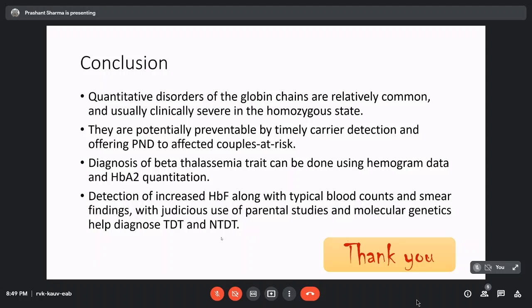But if they're still unexplained, and luckily those patients are very few, you have to start thinking about transacting factors. Somebody has thal intermedia but the beta allele is looking okay. Then you need to think about KLF1, BCL11A, those sorts of things. So they really do behave like polygenic disorders.